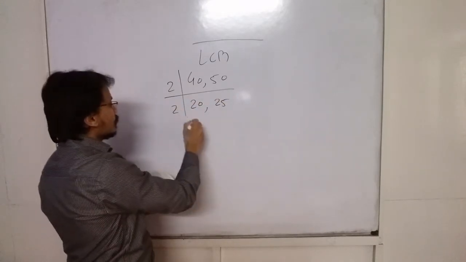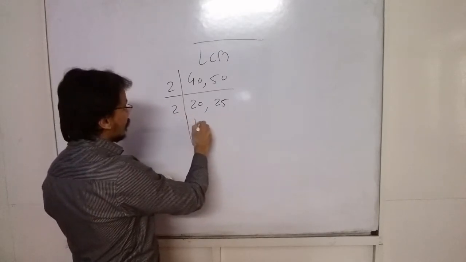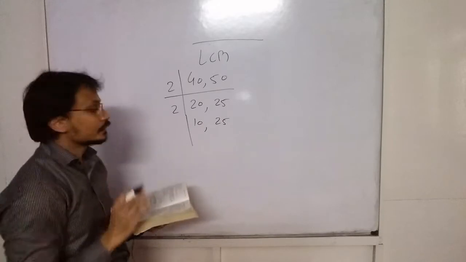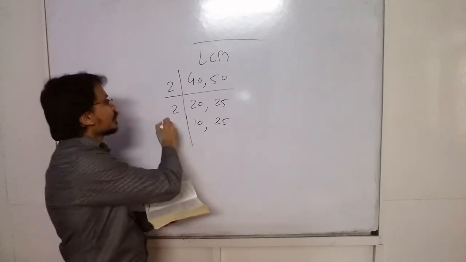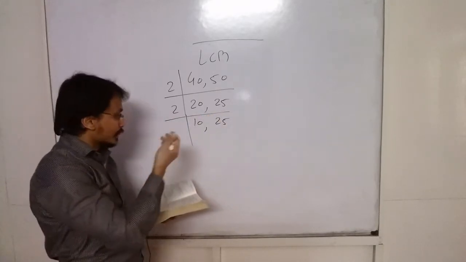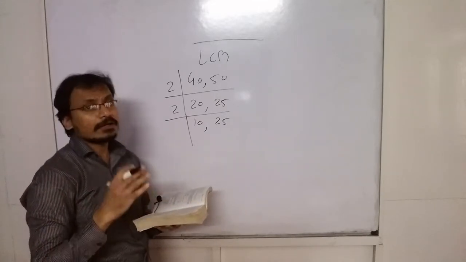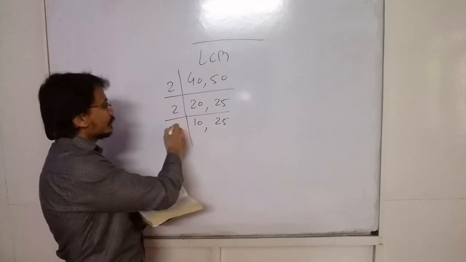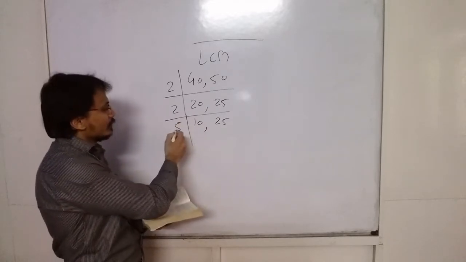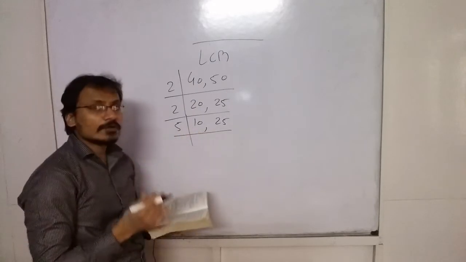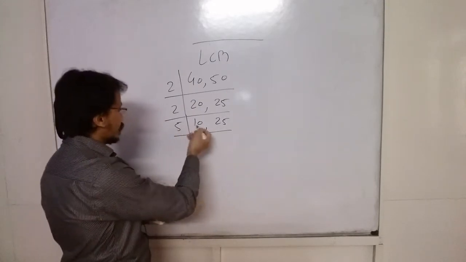Then again divided by 2 you will get 10, and 25 will be written as it is because it is not divisible by 2. Now you can start dividing by 2, but I prefer to divide by a larger number, that is 5, because I can see that 5 is dividing both of these numbers. So in order to save my time, I have divided by 5.